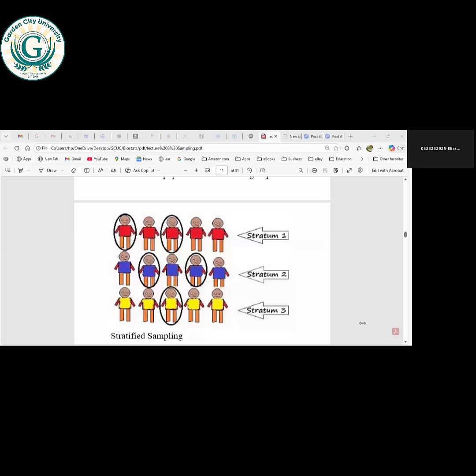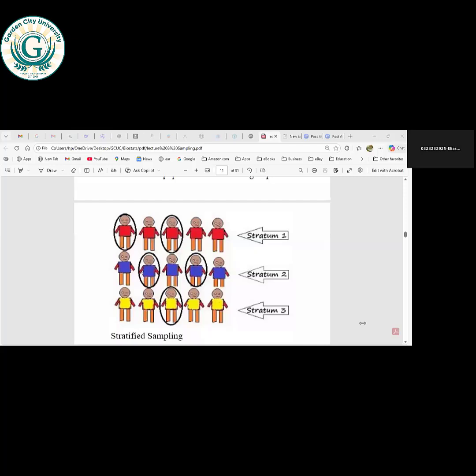That's perfect. When you group them into groups and you are selecting from the groups, you don't just go and select, let's say, Mariama, because Mariama is a friend of mine in Tamale or wherever. So after forming the groups, you then apply simple random sampling in there. There's a statement that simple random sampling is the mother of all probability sampling techniques.